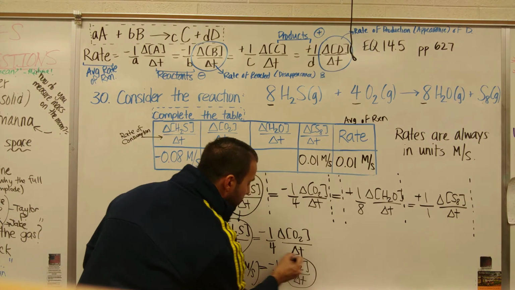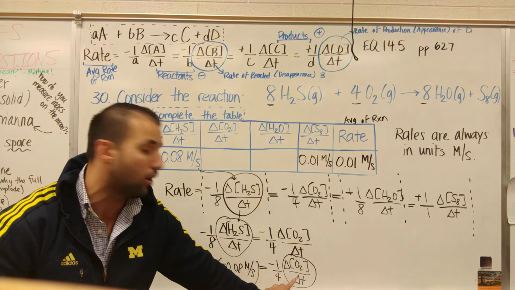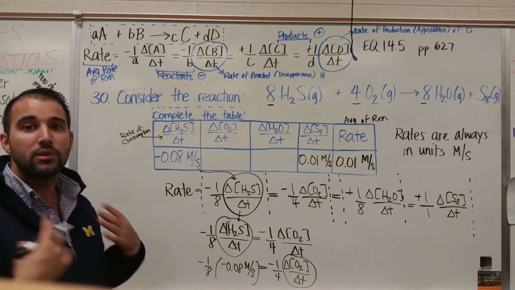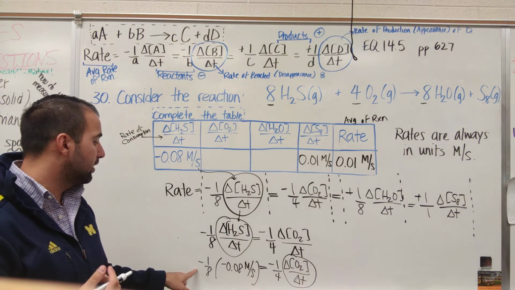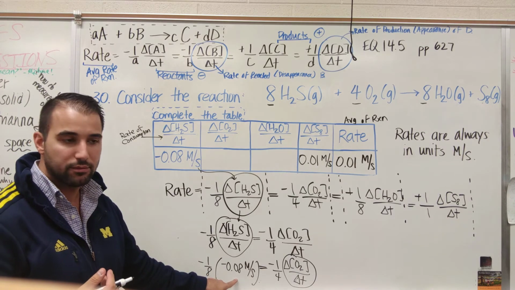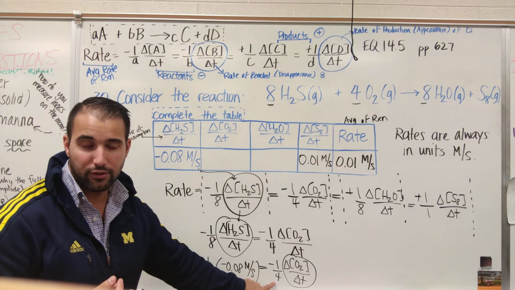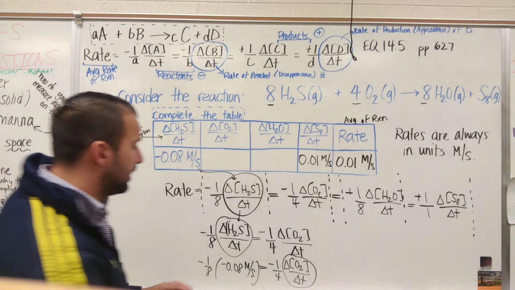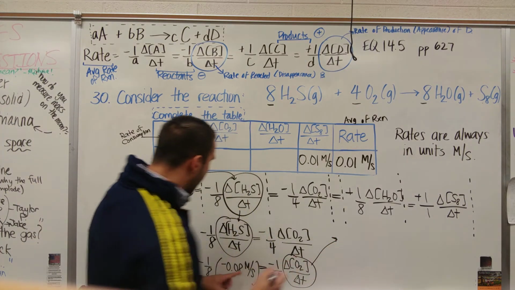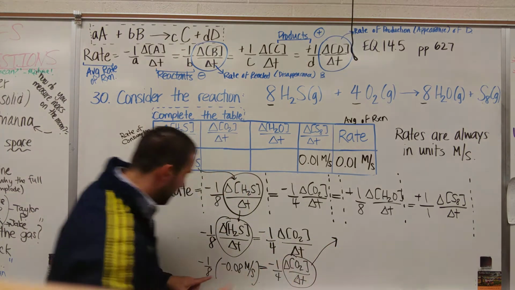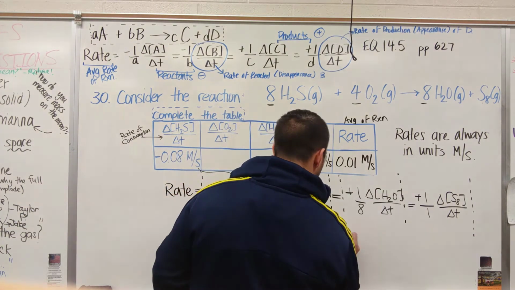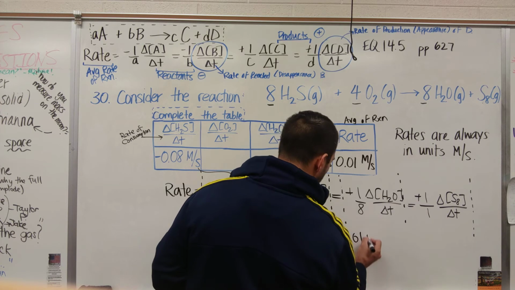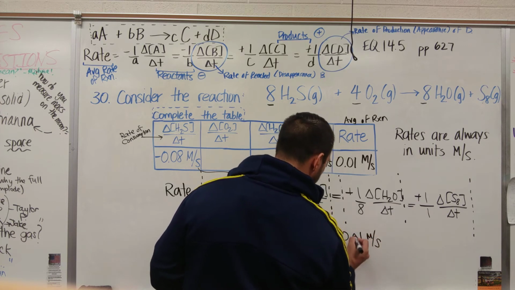This part of the question only wants the change in O2 over the change in T. Algebraically, I can multiply negative 1/8 times this, and then eventually multiply by 4. So I'm continuing: negative 1/8 times negative 0.08 gives me 0.01 molar per second.